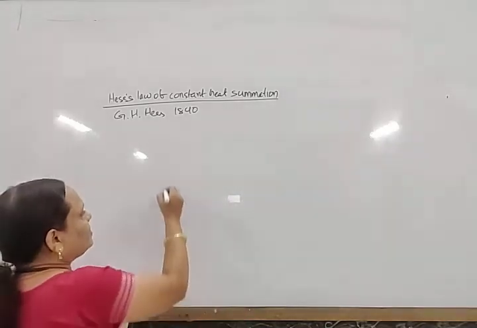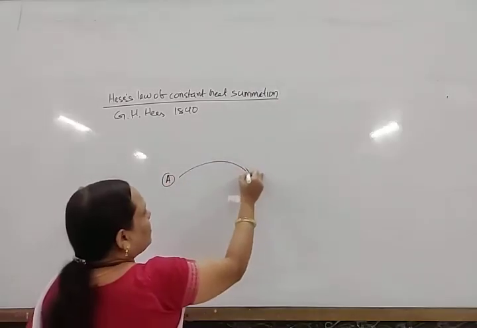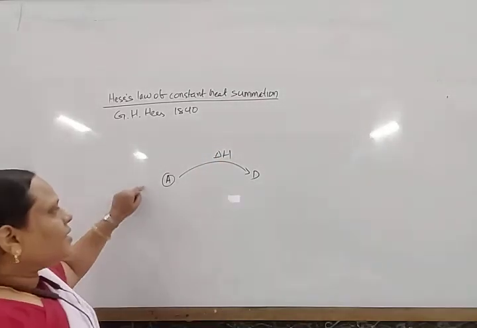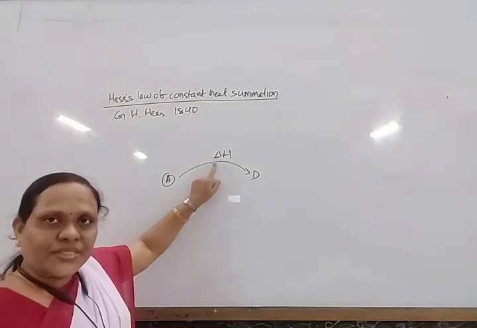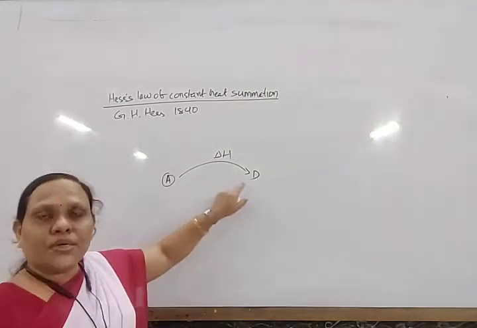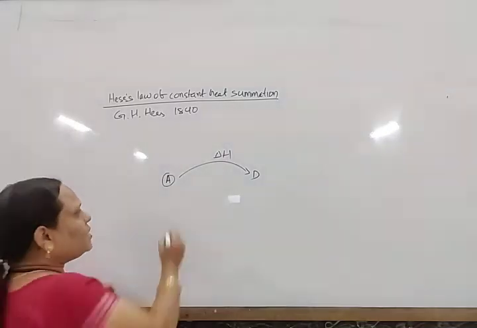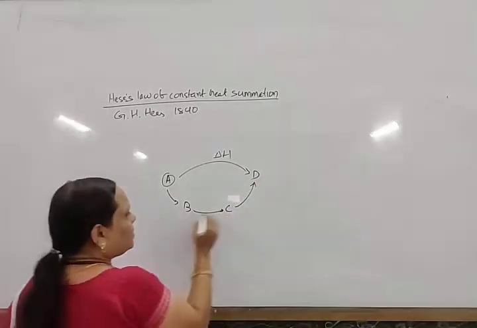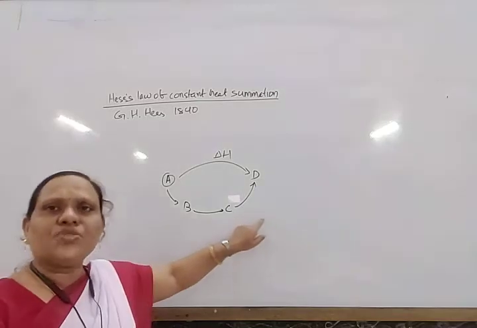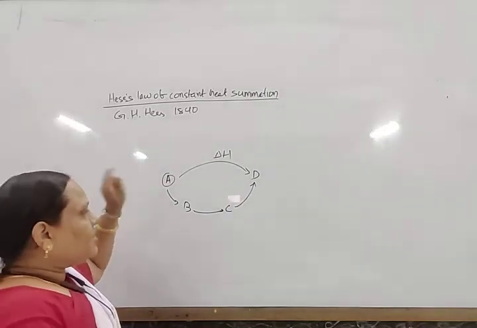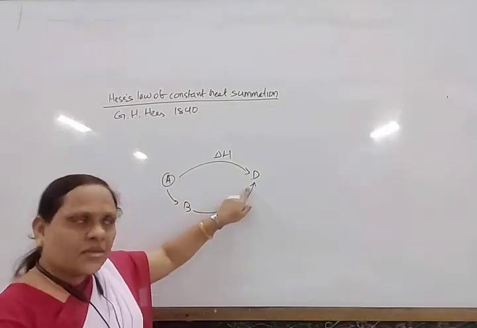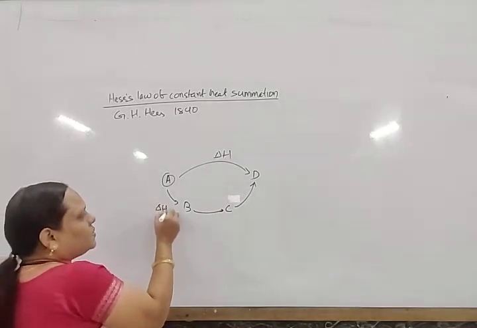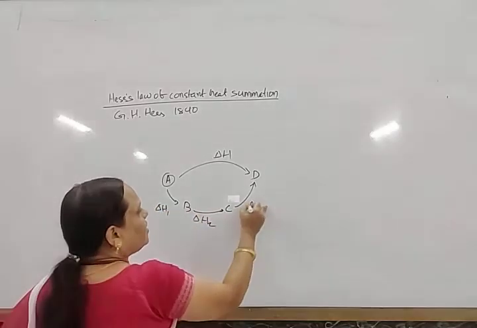Suppose a reactant A changes to a product D with enthalpy change del H. A can change directly to D, or indirectly through intermediate steps: A first changes to B, then B to C, then C to D. Either A reacts directly to form D, or it takes place in multiple steps with enthalpy changes del H1, del H2 and del H3.